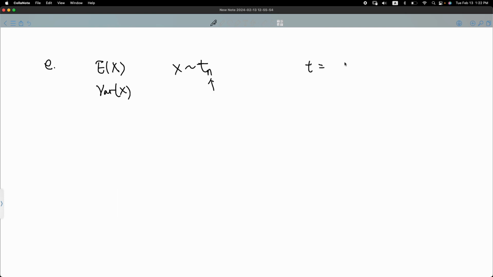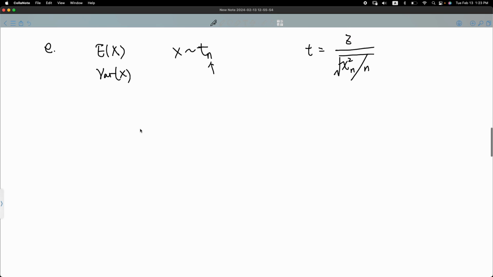Again, t is a standard normal over the square root of a chi-square with degree of freedom n, divided by n. So it should have the same degree of freedom here. We're going to use this particular construction, and we are interested in E of this.